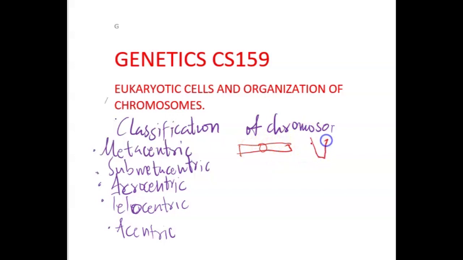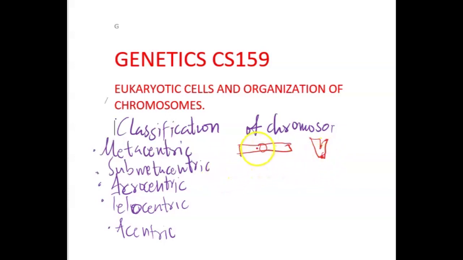You see this V shape. It divides it into two. I don't know whether you get what I'm saying. So this is where the chromosome is divided into two equal parts.